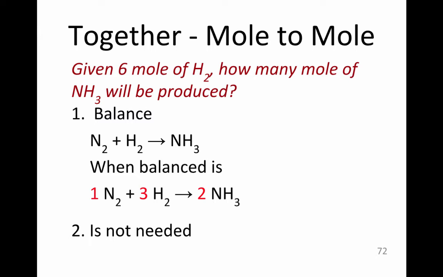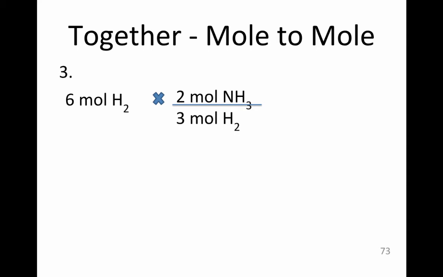We don't have any need for the mass. Then step 3, you have 6 mole of H2, that was given in the problem, times 2 mole of NH3 divided by 3 mole of H2, and that came from the balanced chemical equation, to equal 4 mole of NH3.